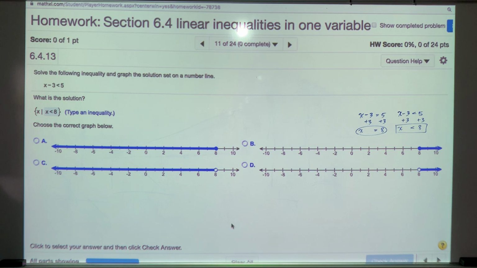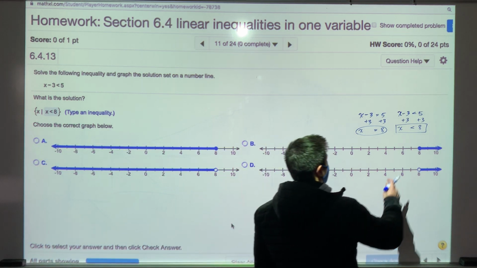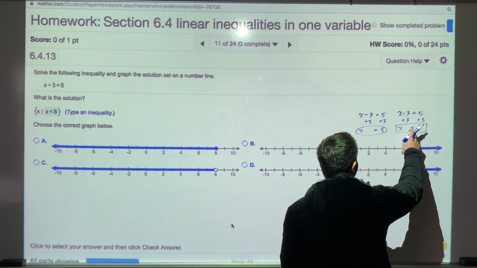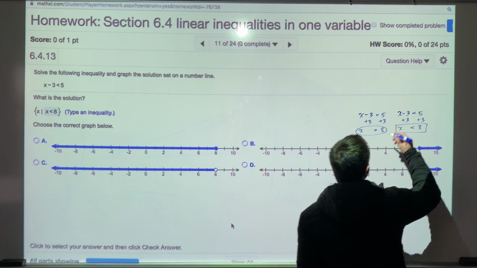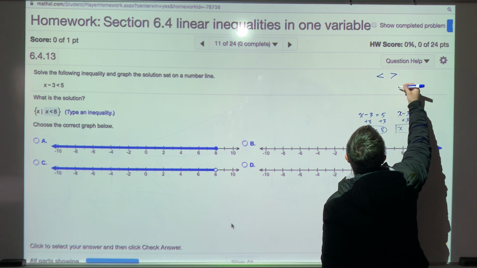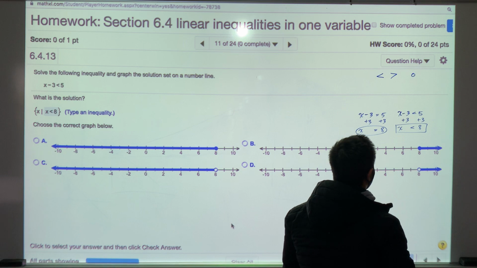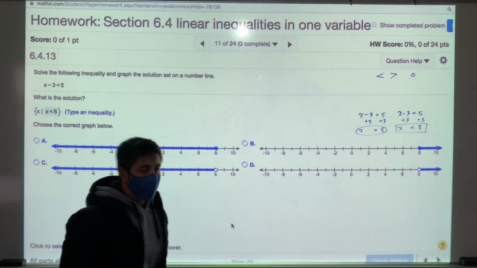Now, in terms of selecting the correct answer, this is the second area that is new to this section. And what I'm going to do is give you some notes so that you know how to handle this. First and foremost, if you do not see an equal sign, and these are some things that we talked about before, if we just have a less than or a greater than sign, that is going to lead us to use an open circle on our graph.